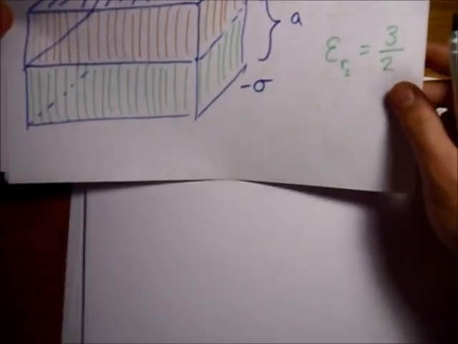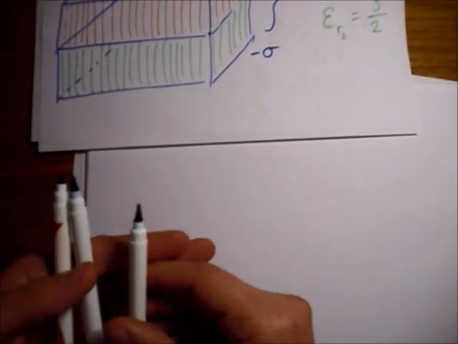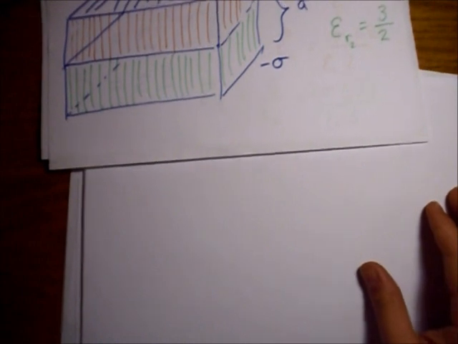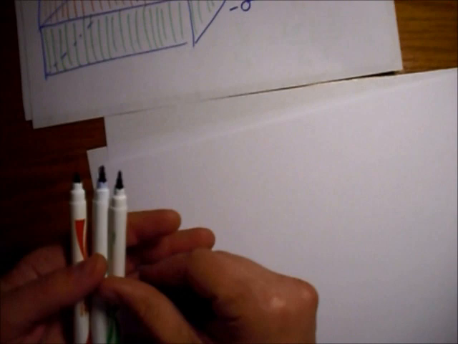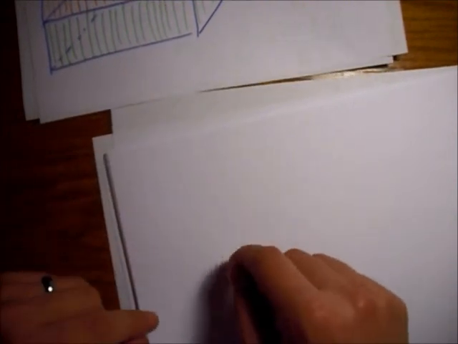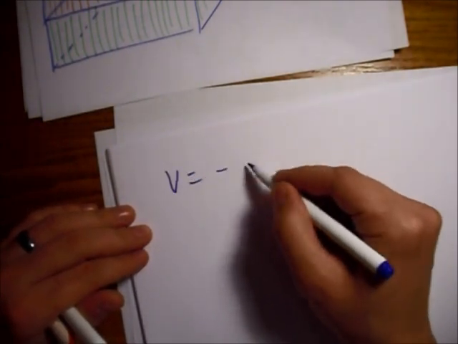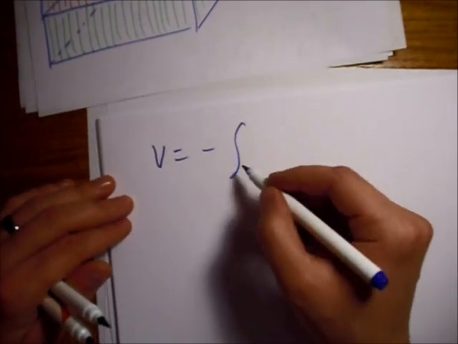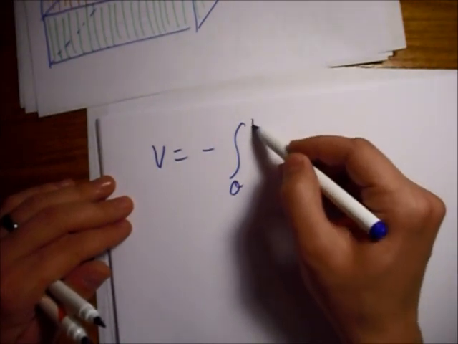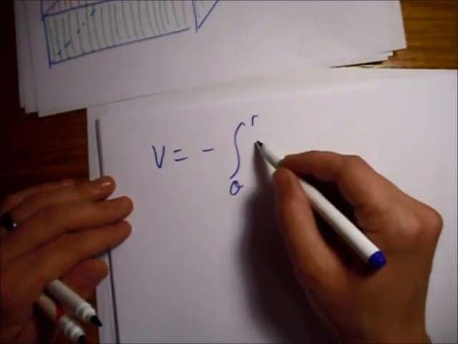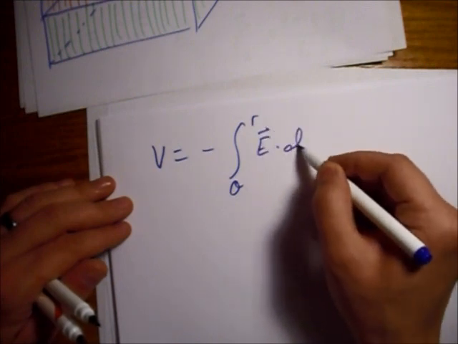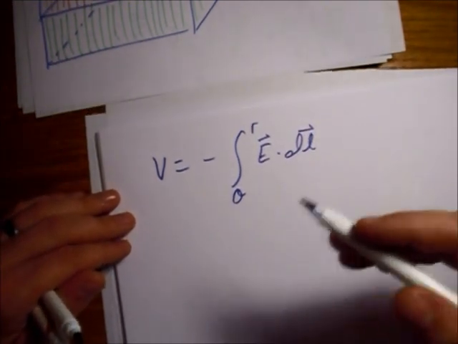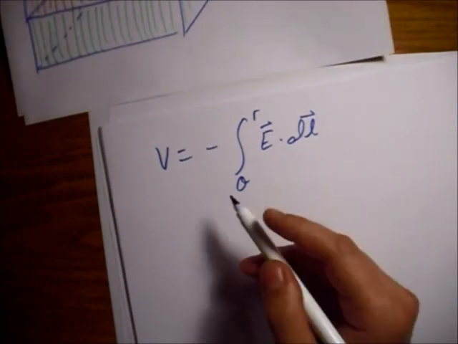That's fairly easy, right? Once we know the electric fields, we can just add them up. Meaning, what we're doing is that integral where you integrate. Let me write it out real quick. Right, we have the minus sign. We're going from some origin up to some reference point, and it's the electric field dotted into your displacement vector.